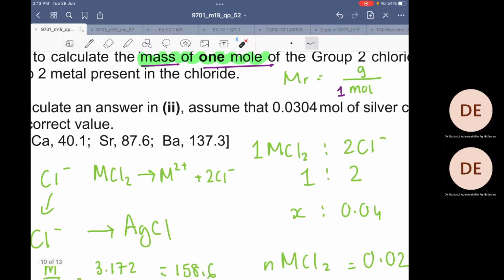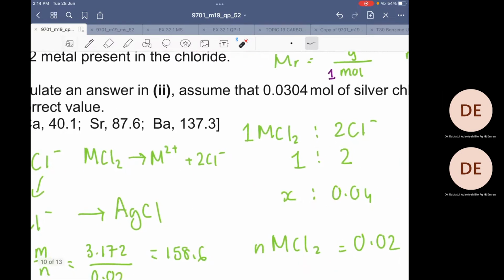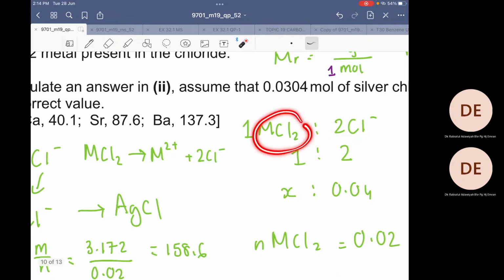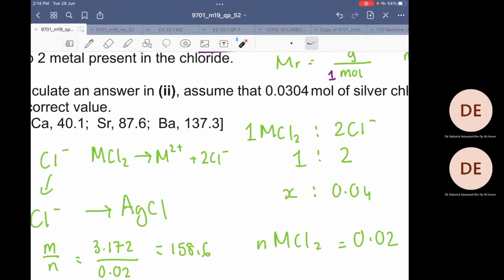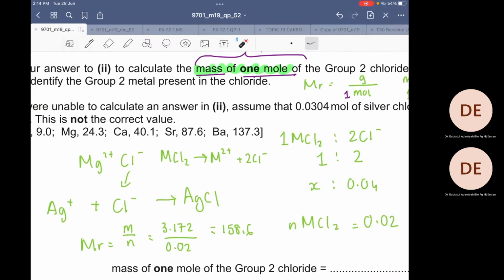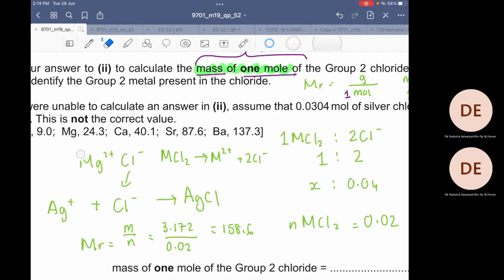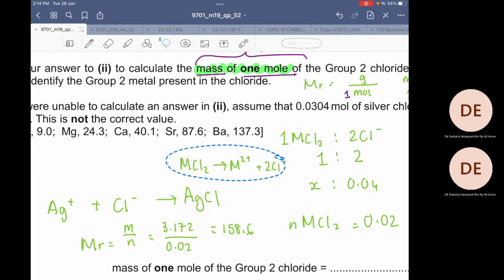Okay? So how do I find the number of moles of metal chloride? 1 is to 2. So whatever the number of moles, if I have 0.04 moles of chloride, the number of moles of metal chloride would be half of that number. That's why I found the number of metal chloride to be 0.02. Maybe I should move this first.